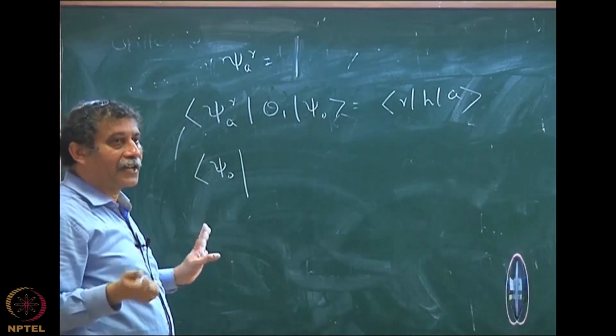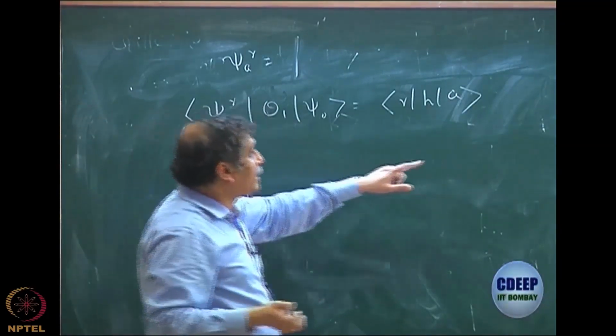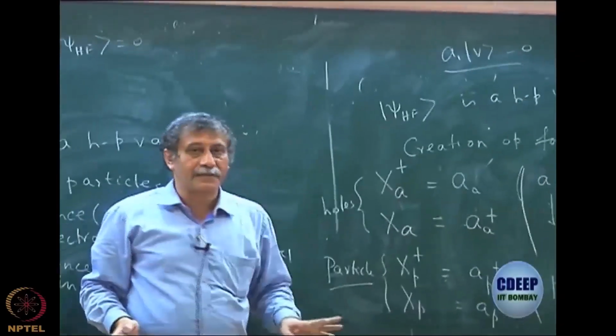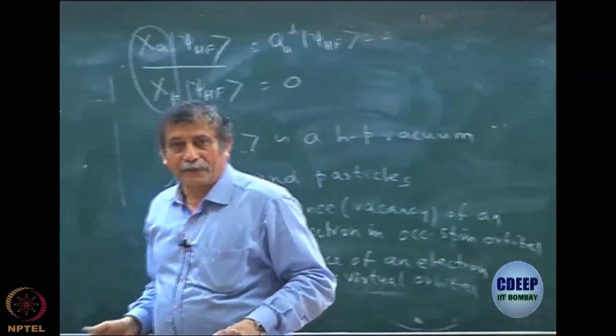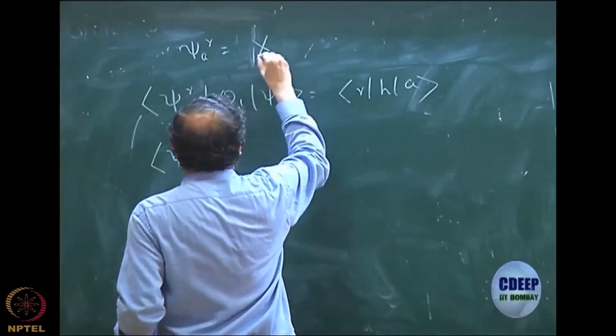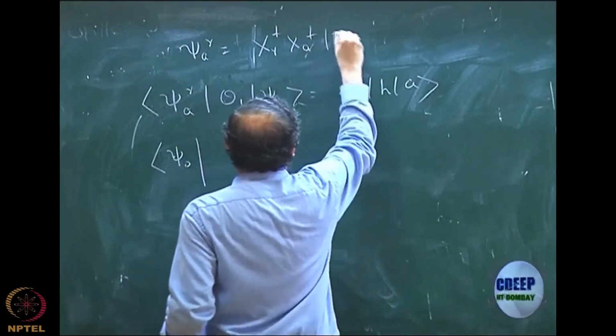Which one will I create first, A or R? All are creation now. I am going to write in terms of X. So you are saying that I will do XR dagger, XA dagger, psi 0.